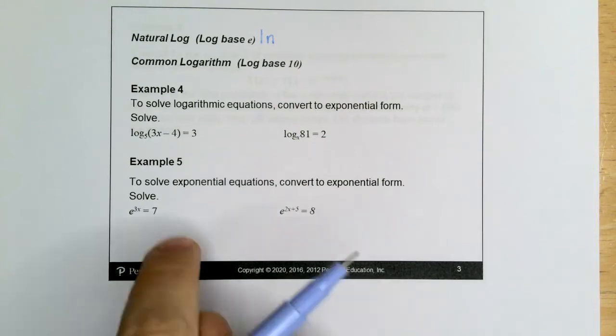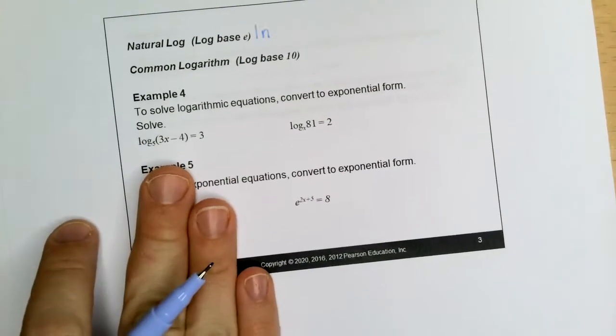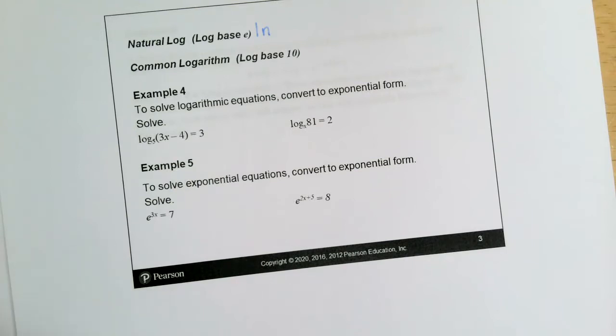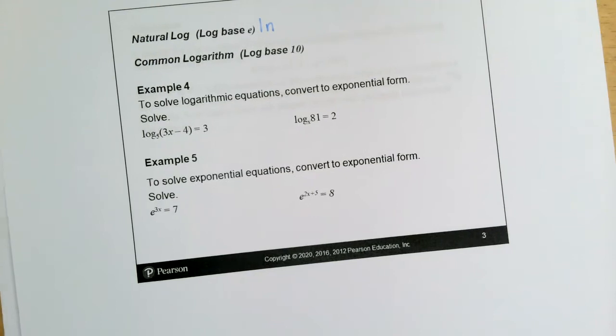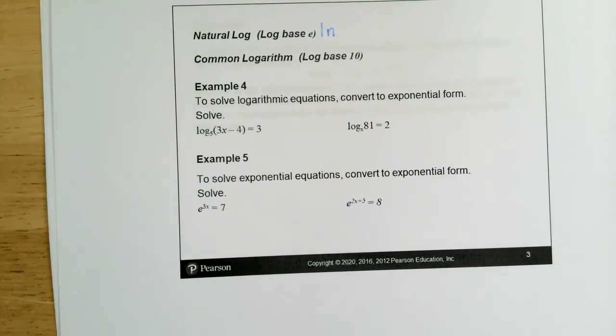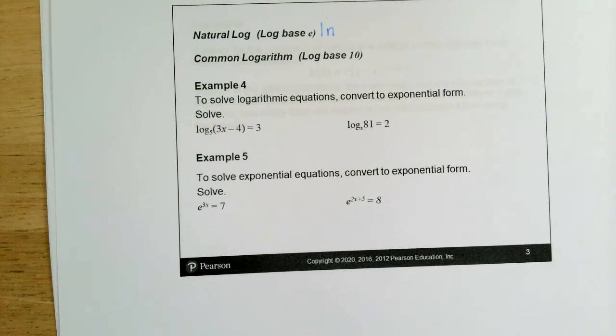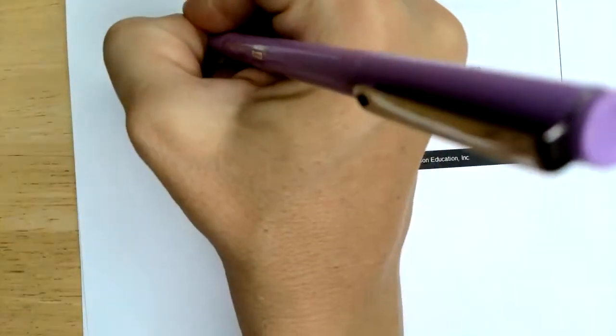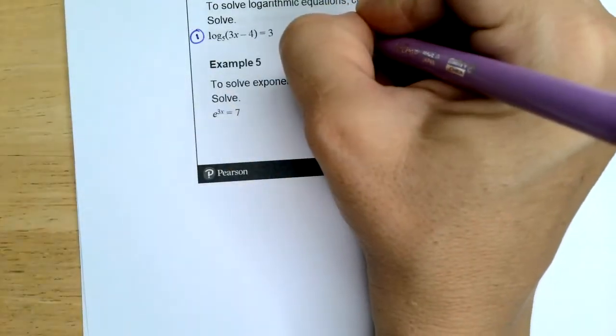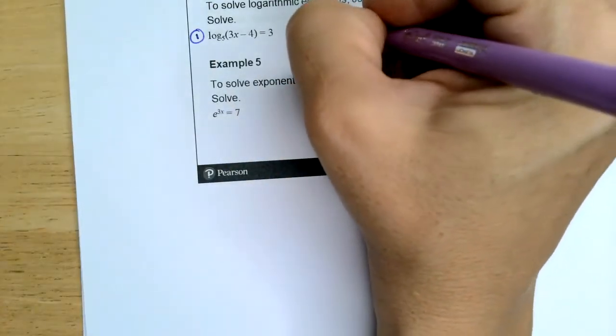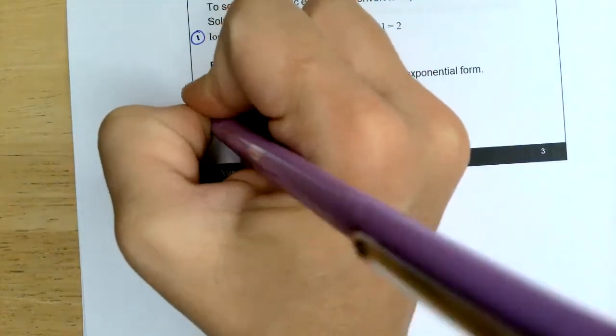So how do I solve logarithmic equations? We convert them to exponential form, right? Number one, log base 5 of 3x minus 4 equals 3. Okay, so I'll rewrite that down here. This is number 1, this is number 2, this is number 3, and this is number 4.